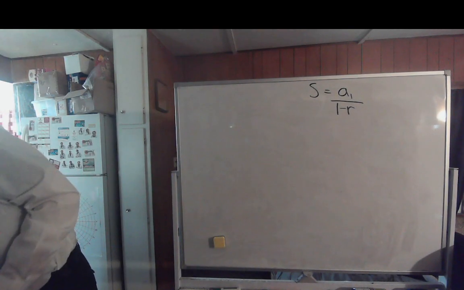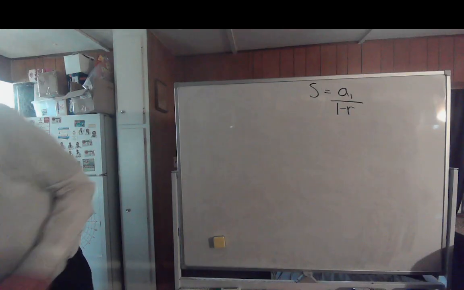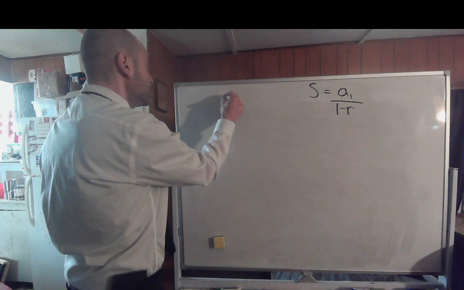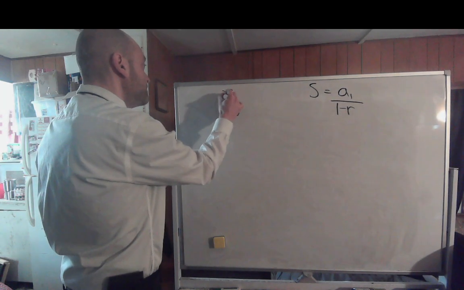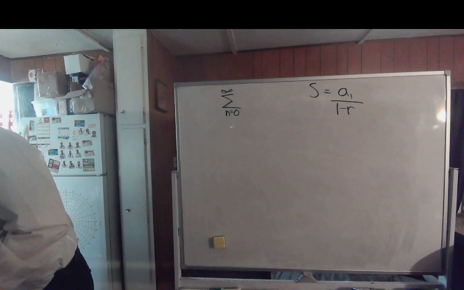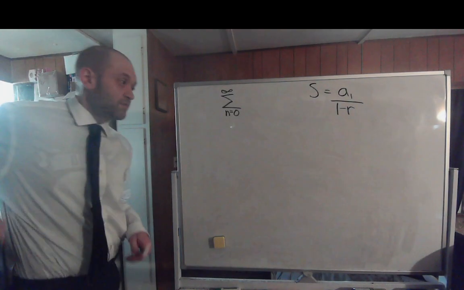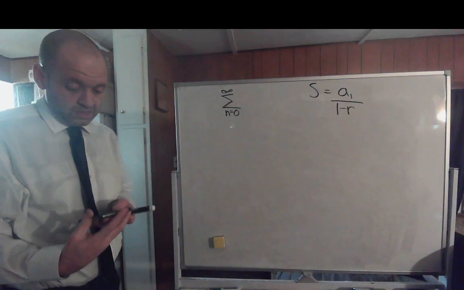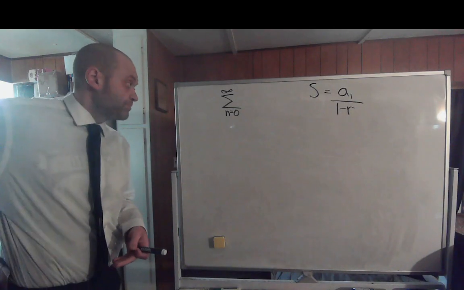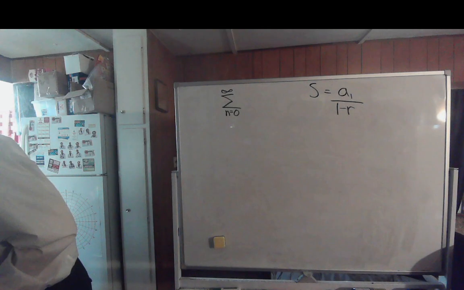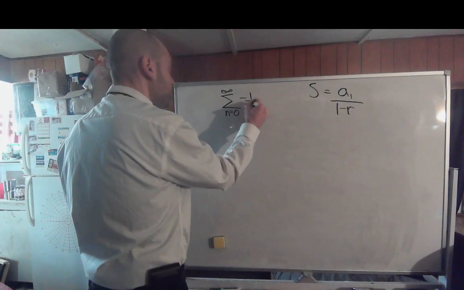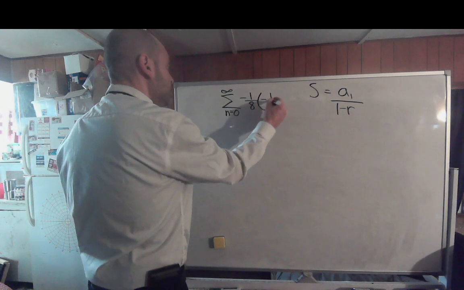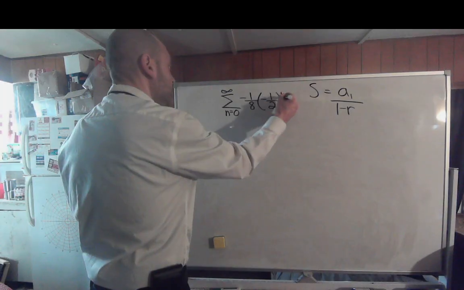All right. Go from n equals 0 to infinity of, let's see, -1/8 times -1/2 to the n.